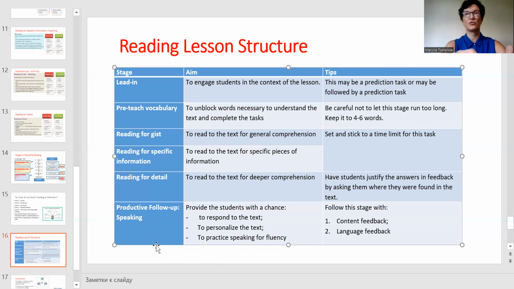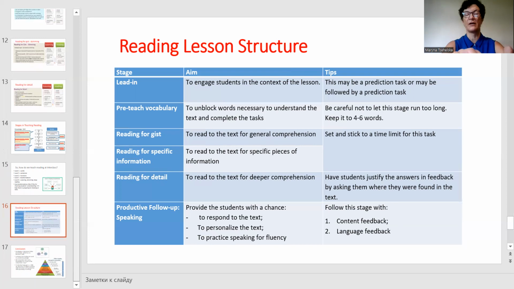So try to follow every lesson with a productive follow-up, and at this stage, students respond to the text, personalize it, and practice speaking for fluency. You can do content or language feedback.